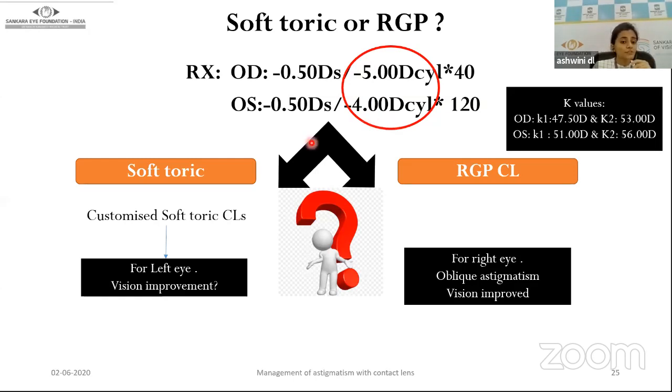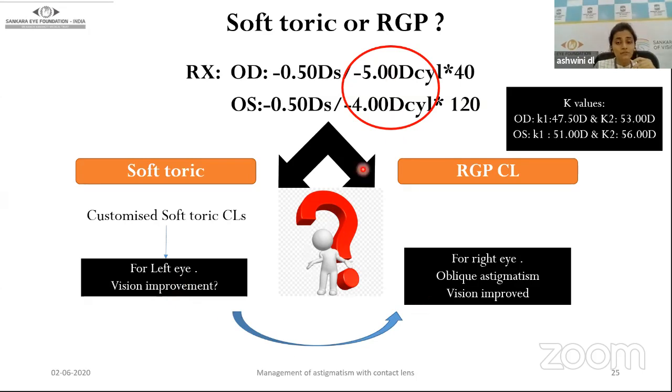So for the left eye, first we did a trial with the customized toric, but there was no good vision improvement. Also, the patient was not happy. Obviously, when the patient compared the vision of the right eye and the left eye, they were more comfortable with the right eye vision. So in this condition, we dropped the idea of giving soft toric and went on giving the RGP contact lens.